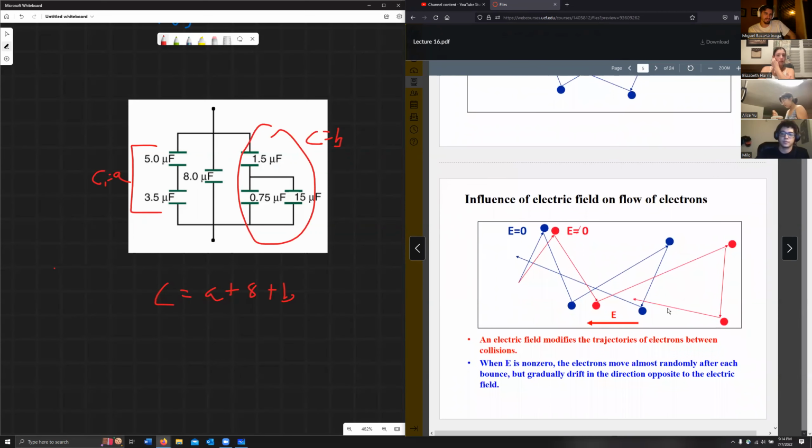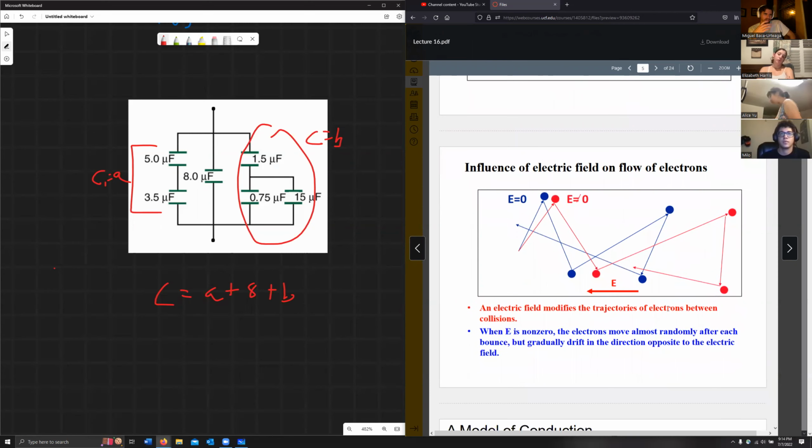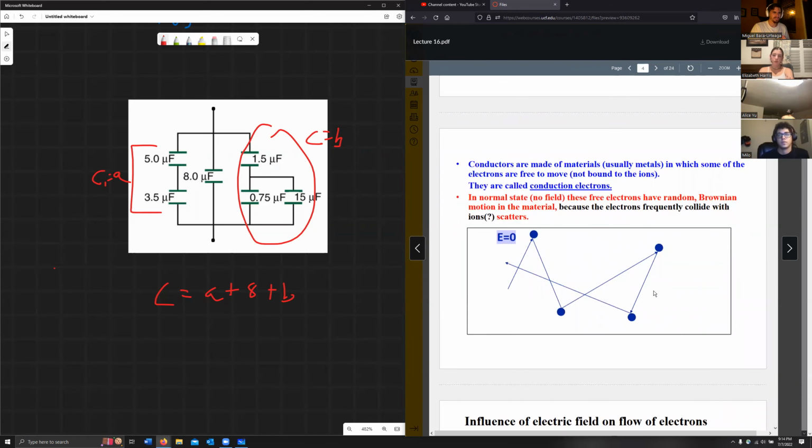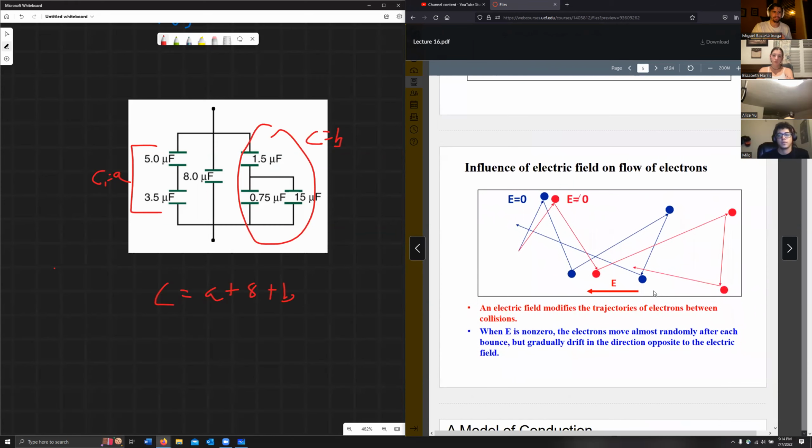And so yeah, it looks like in this instance, it's kind of similar. So if you have an electric field moving to the left, it pulls the electron more to the left throughout its Brownian motion. Brownian motion is basically just random motion.